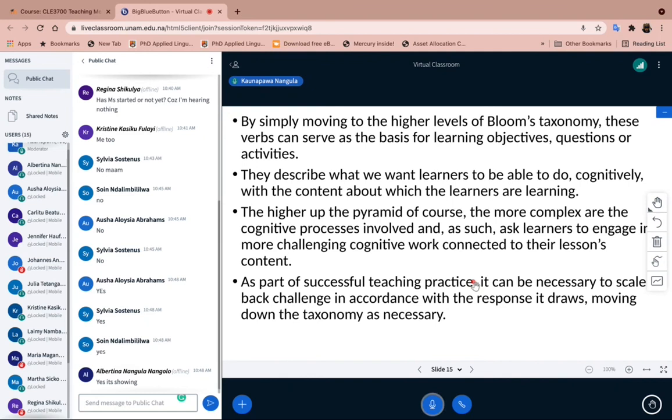When you give the learners this activity and you see that they aren't able to complete the task, because the cognitive process they need to use is more complex, then maybe you have to move down to applying, then understanding, and maybe even remembering, to help them accomplish this activity. All right, so you move up and down. You don't just stick with it when you know that the learners are not progressing.